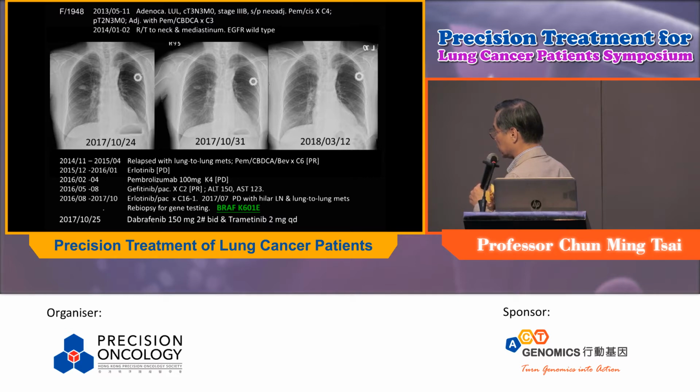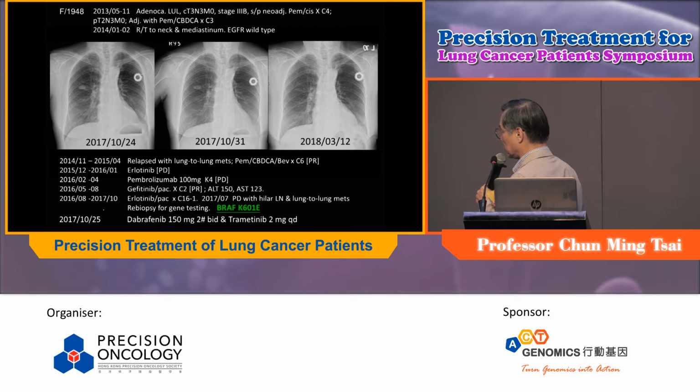So we switched definitively to erlotinib, also plus single agent Taxotere. That's the so-called Laxlang-5 treatment, but we used erlotinib, not afatinib. This gave her more than 1 year of survival, and then PD in the hilar lymph node and lung-to-lung metastasis.